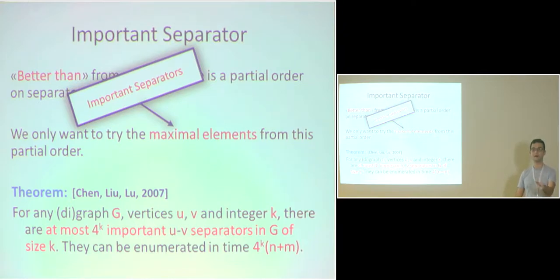So I have now gone down from having to try n to the k different candidates to only having to try 4 to the k different candidates. In particular, I can also enumerate all of these candidates efficiently. So now when I'm trying all possibilities for S prime, I don't try all of the n to the size of S prime possibilities.